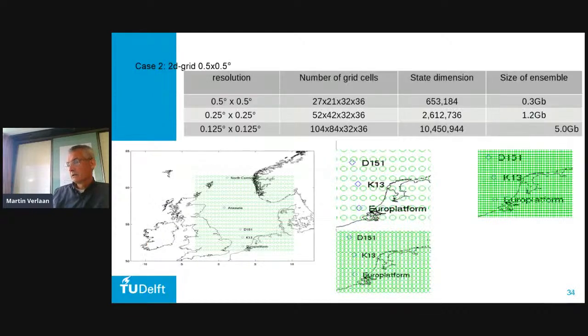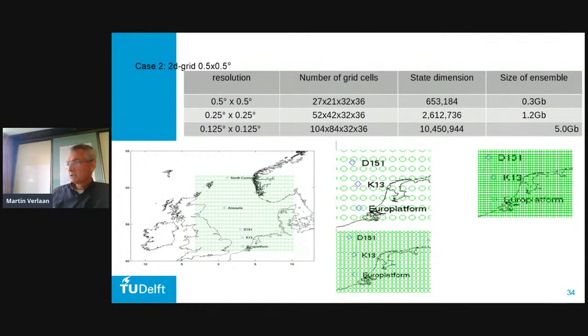And you can do that at different resolutions. In this case, a wave model has a particularly large state because at each grid cell, it has variables for each direction, and there are 36 directions, and there are 32 frequencies, so that there's a few hundred variables at every grid cell.